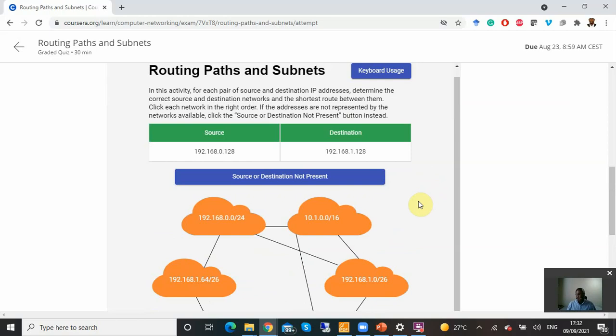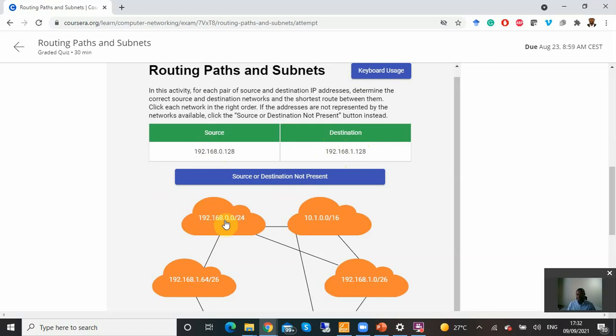Question number 7 out of 8. 192.168.0.128, class C. 192.168.1.128. From class C to class C. Now let us check. 192.168.0 as the network ID. 192.168.0.